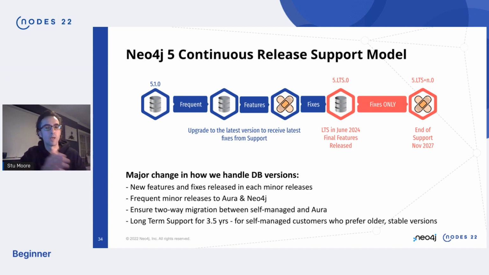That will happen all the way up to the long-term support release. And at that point, we'll only release fixes. It helps your two-way migration from Aura to Neo4j or vice versa, because you need a version that will keep up with Aura as we release exciting new features and fixes. Self-managed customers will benefit as well.